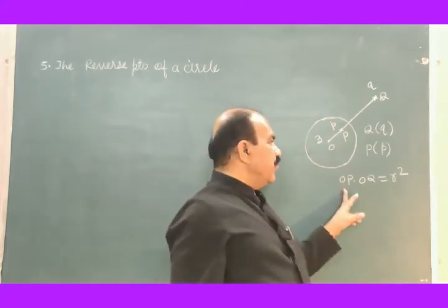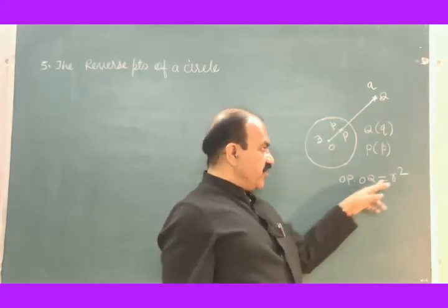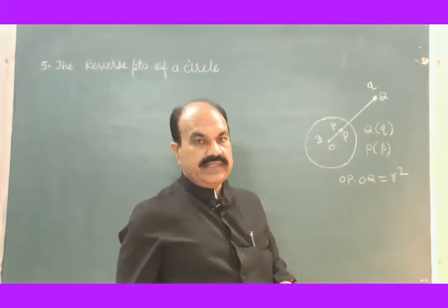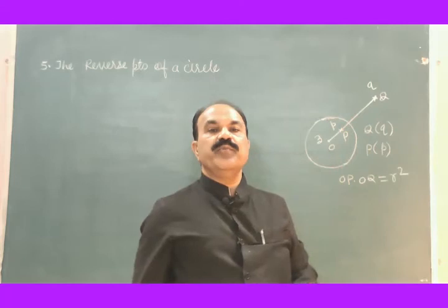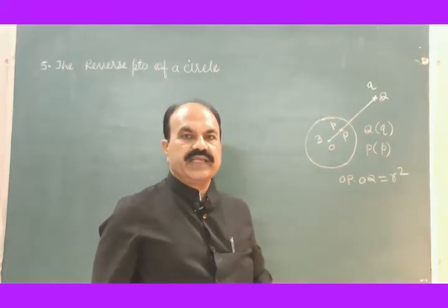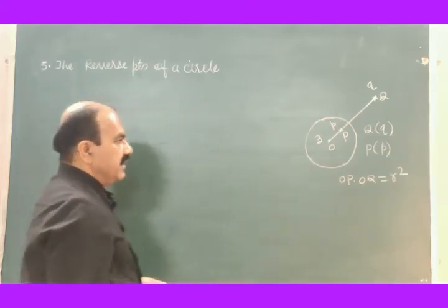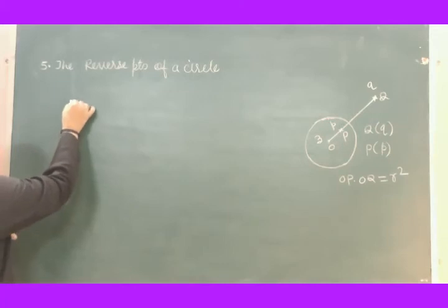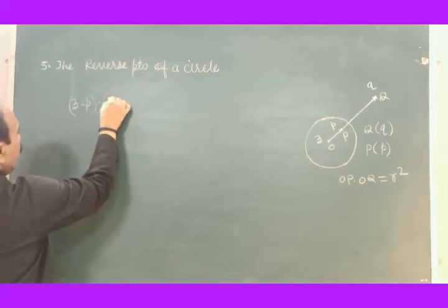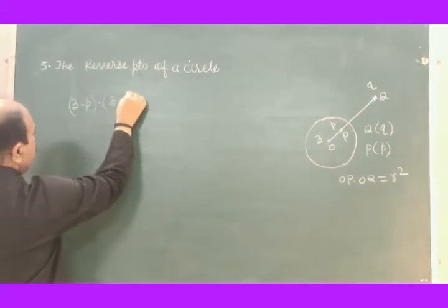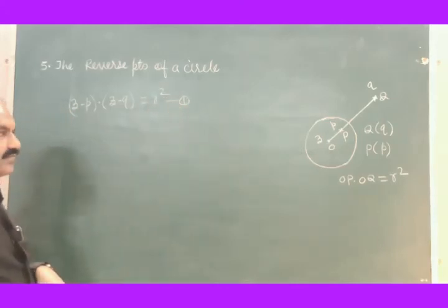If we have vector OP into vector OQ, if this product is R square, then point P and point Q are known as the reciprocal points with respect to a circle. What is OP? OP is Z minus p into what is OQ? It is Z minus q is equal to R square, equation number 1.